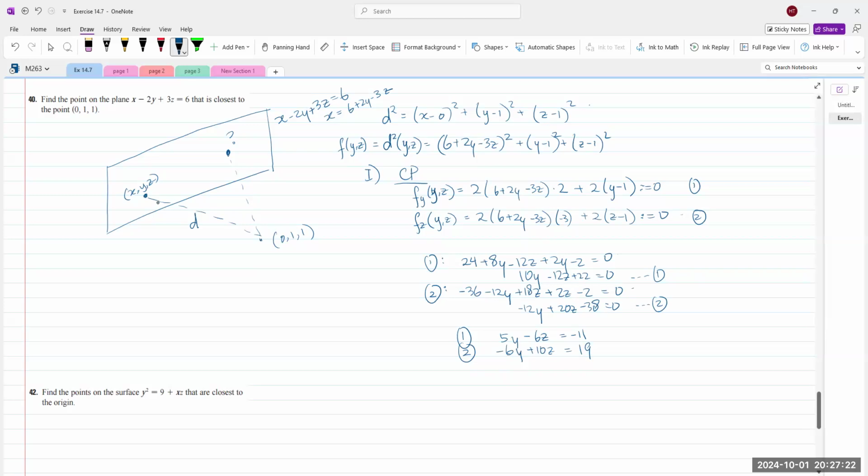Dang, I didn't expect it to be this hard. Okay, so multiply this by 6 and multiply this by 5. That gives me 30y minus 36z equals negative 66, and negative 30y plus 50z equals 95. When I add, I get 14z equals 29. Is it right?